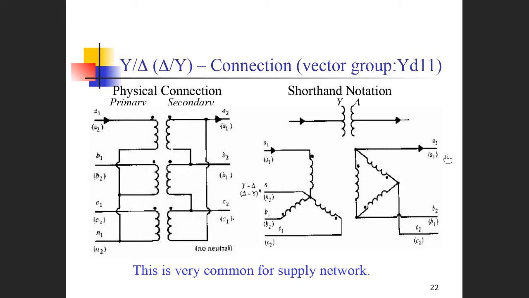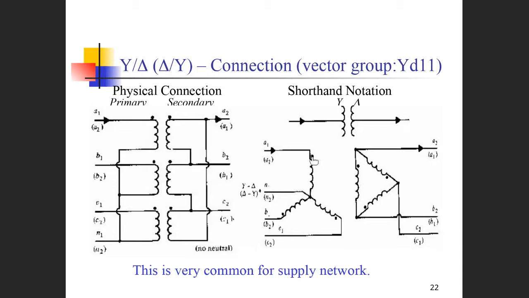Okay, the starting point of A2 connects to the ending point of B2, and the starting point of B2 connects to the ending point of C2, and the starting point of C2 connects to the ending point of A2.